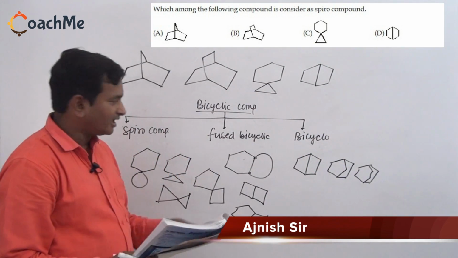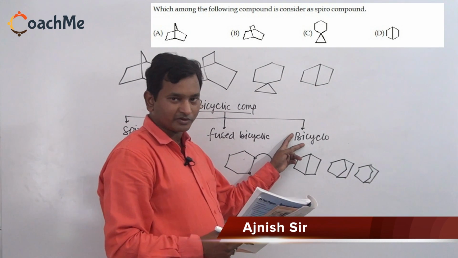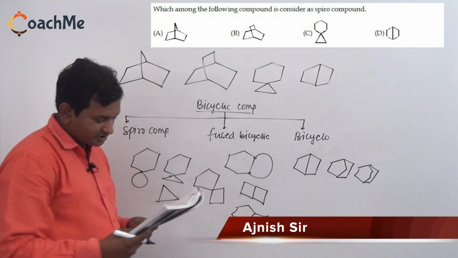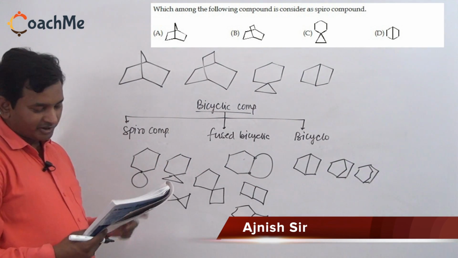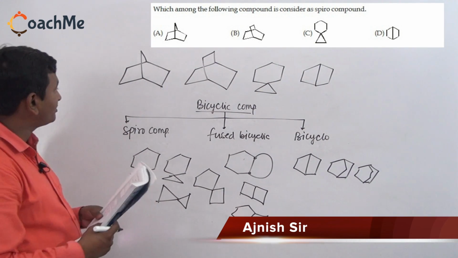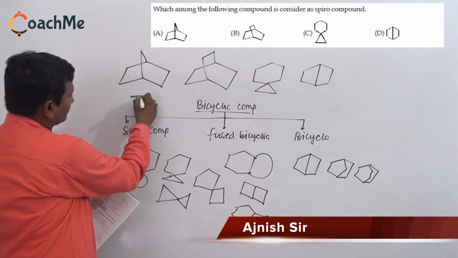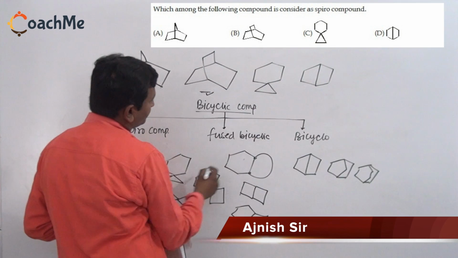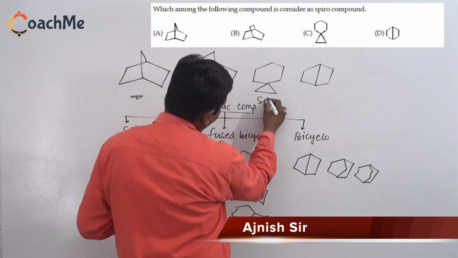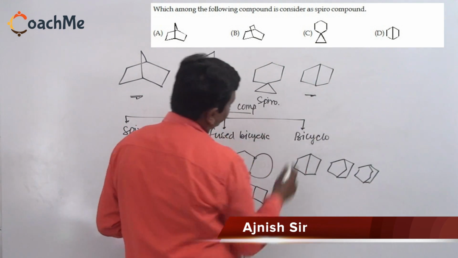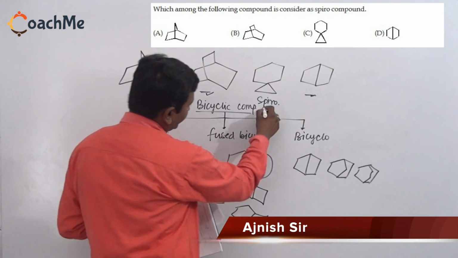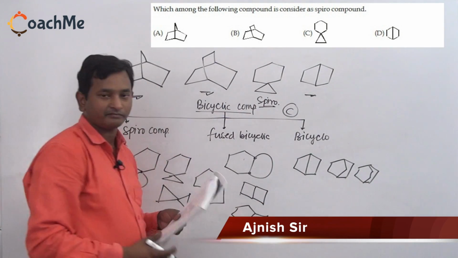These types of structures are called bicyclo compounds. So, if the question is which among the following compounds is considered a spiro compound, this is a bicyclo compound, this is a bicyclo compound, this is a spiro compound, and this is also a bicyclo compound. So, our answer will be C.